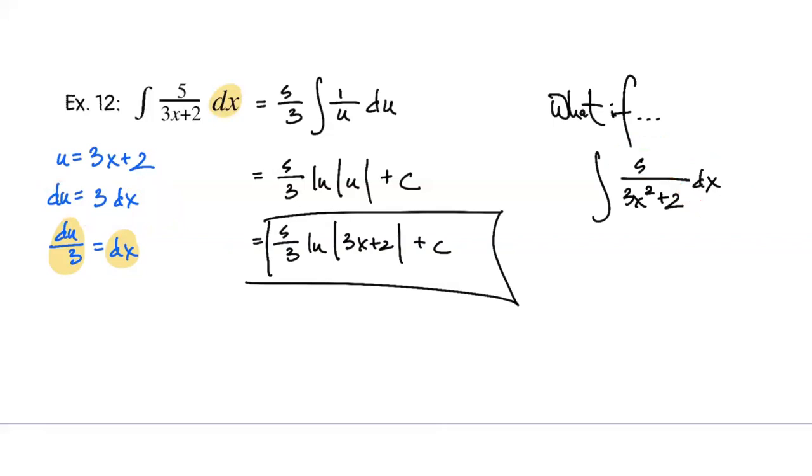In particular, du would be 6x dx. I could deal with the 6, but there's nothing I can do to handle that x. So this would be a good example of not u sub. Okay, not u sub in this case.